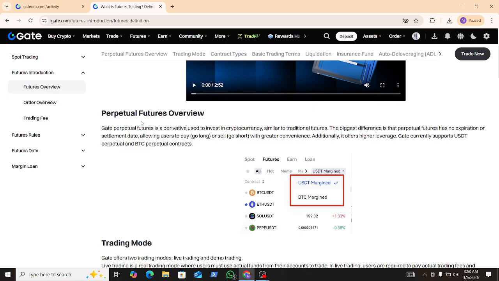Similar to traditional futures, the biggest difference is that the perpetual future has no expiry, expiration, or settlement date, allowing users to buy long or sell short with greater convenience. Additionally, it offers higher leverage. Gate currently supports USDT perpetual and BTC perpetual contracts.